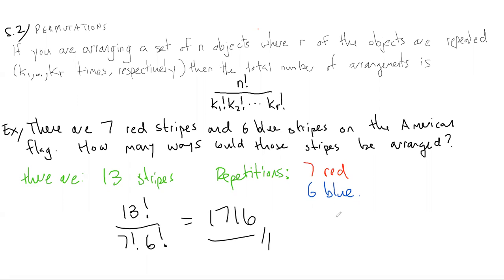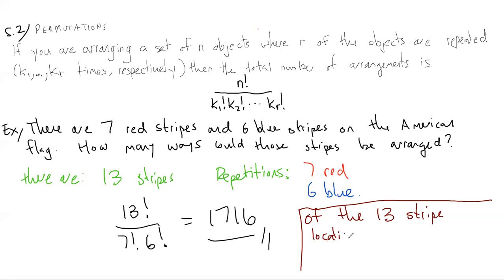Another way that we could think of this is, of the 13 stripe locations, what we're going to do is choose which 7 we want to be red. So that'll just be a little intro to the next counting section, where you have a big collection of objects that are distinct.